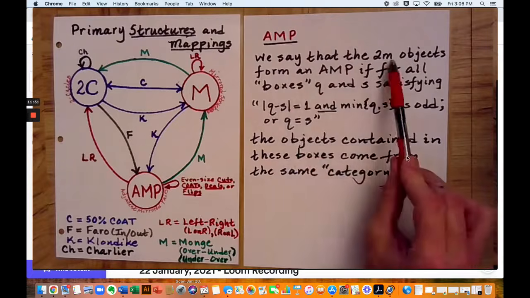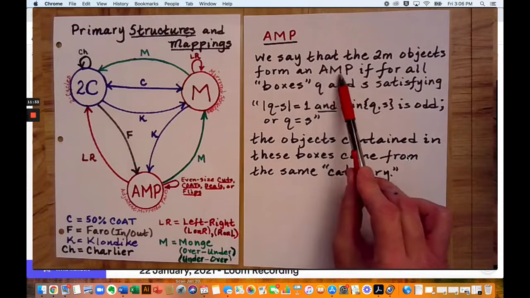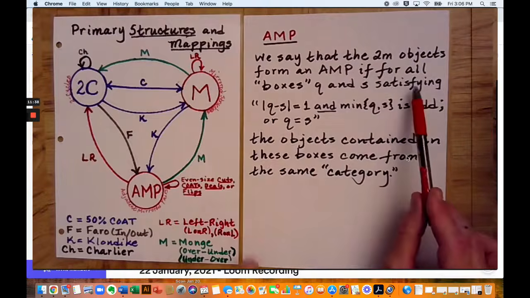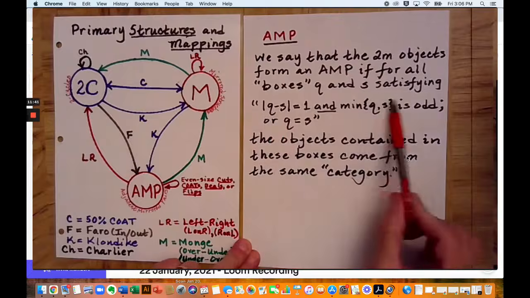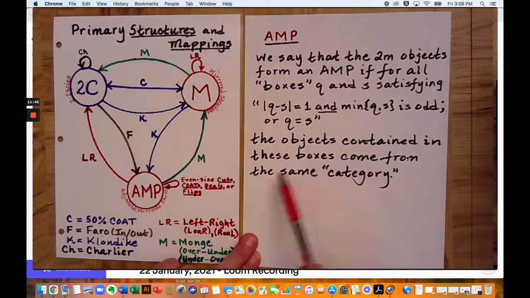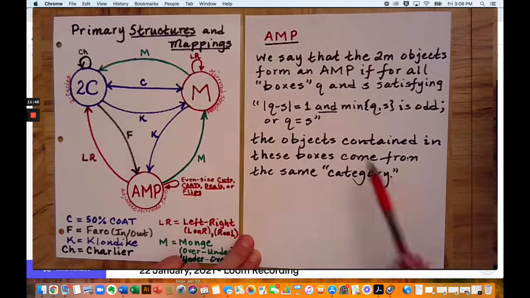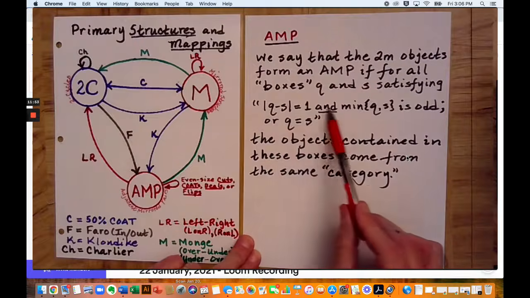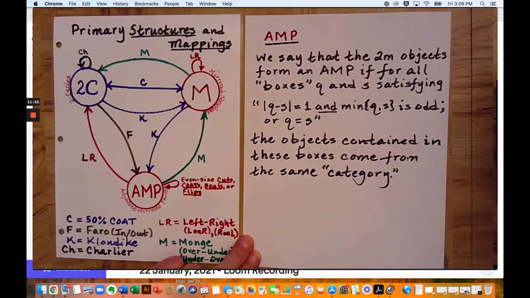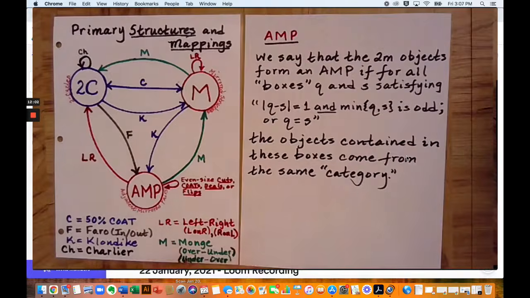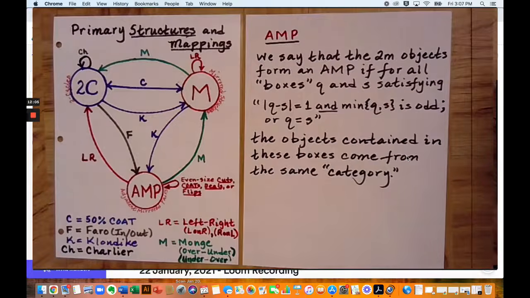We say that the 2m objects form an AMP if for all boxes Q and S satisfying this, the objects contained in these boxes come from the same category. This one as well ends up being a fairly simple relation to see in practice, but fairly difficult to write down precisely. So that's called an AMP.